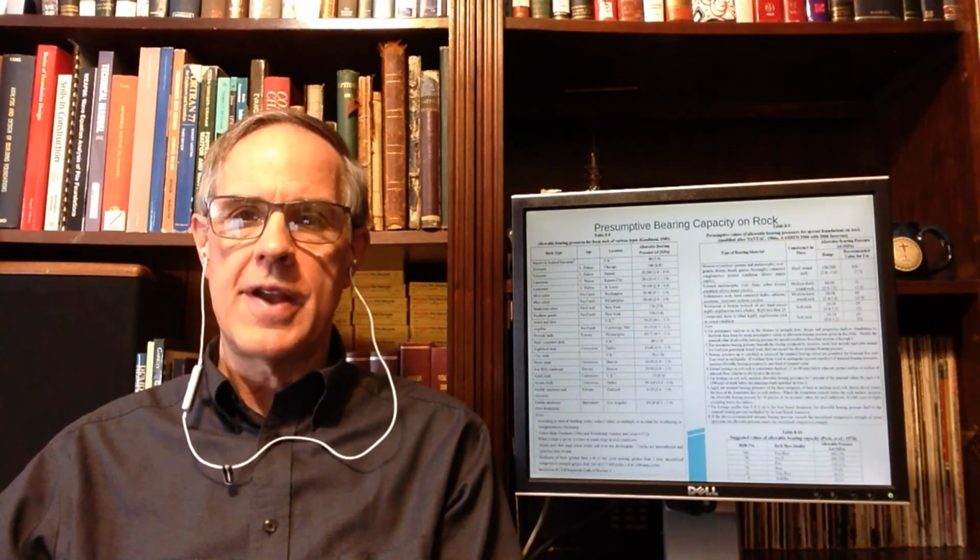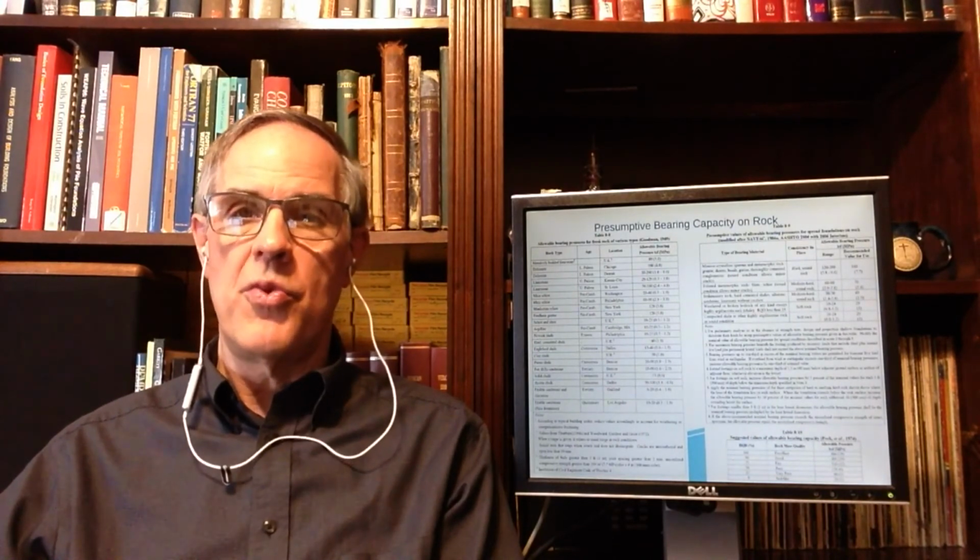The one that I want to really focus on is, obviously, these can be very useful in rock, because you don't have classical bearing capacities in rock. Failure in rock is a very complicated subject. Rock is both the best engineering material, and sometimes it's the worst.